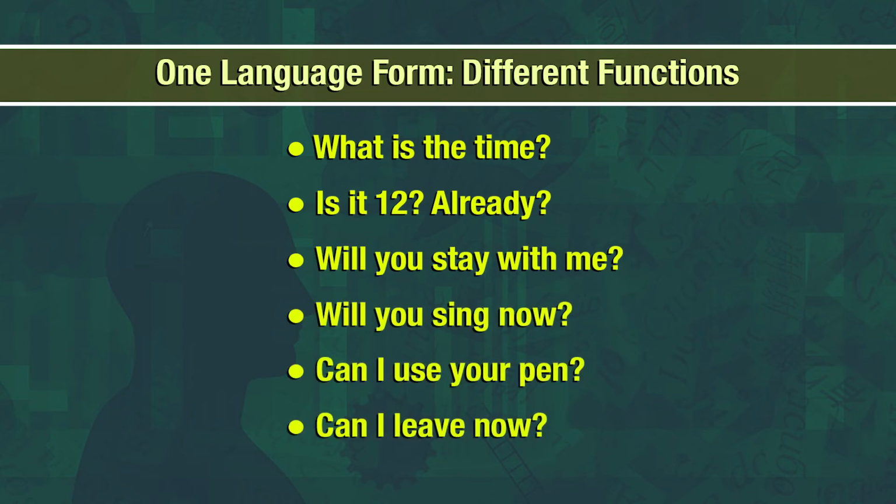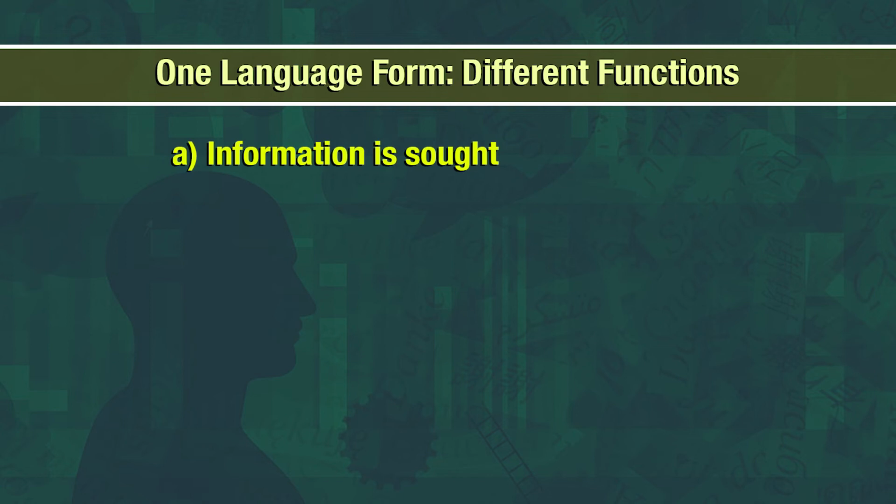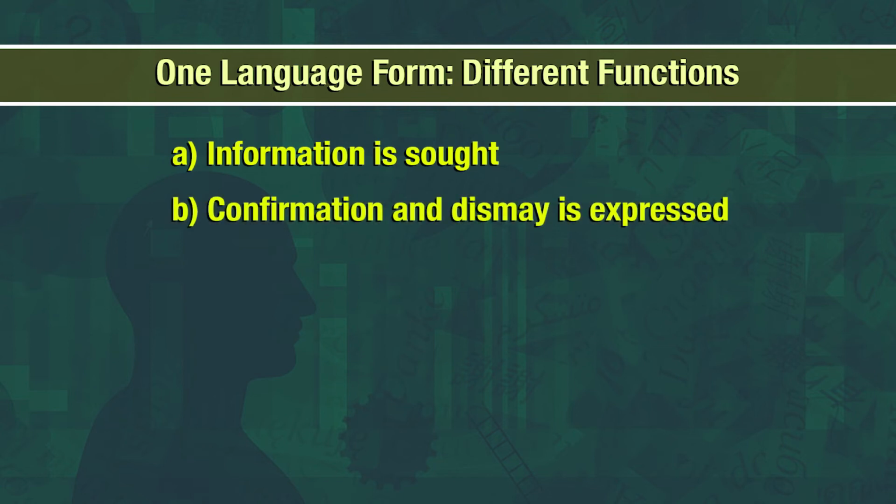Can I leave now? As you can see in all these 6 sentences, the meaning of each sentence is different. The first sentence asks for some information, but in the second sentence, the meaning expressed is seeking confirmation and also expressing dismay.